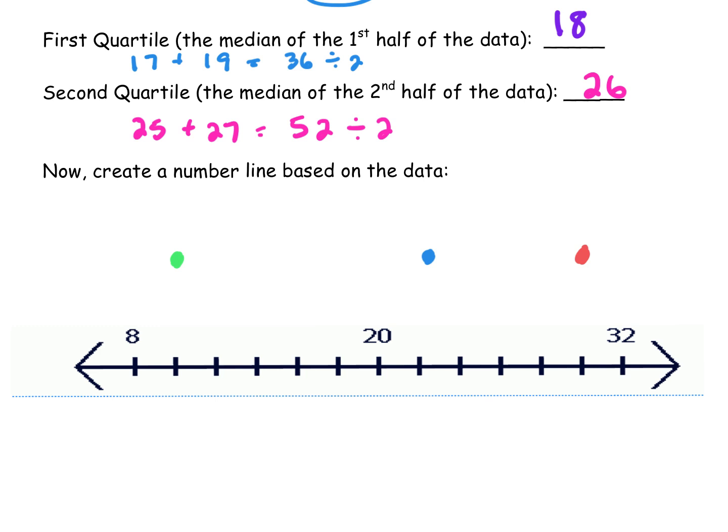And then our next number is the first quartile number. That will start the box and complete the whisker. So we're looking at 18. We're at 20 here. If we go down by 2, this would be 18. So right above that, we're going to put a point.